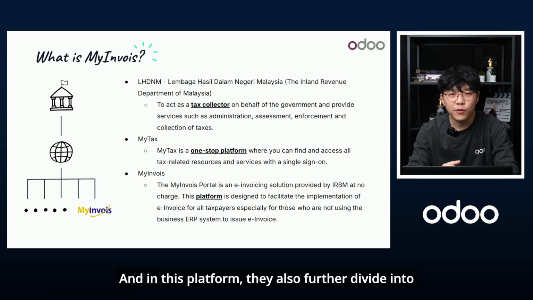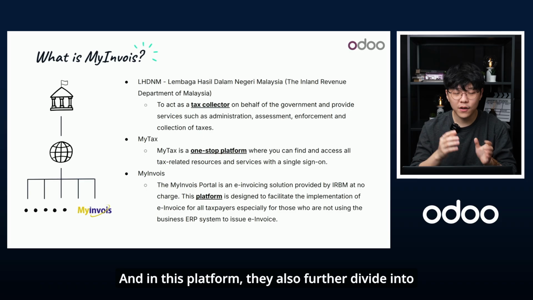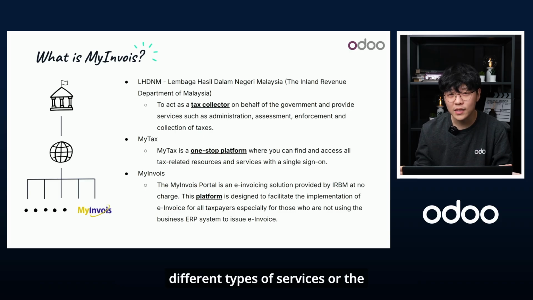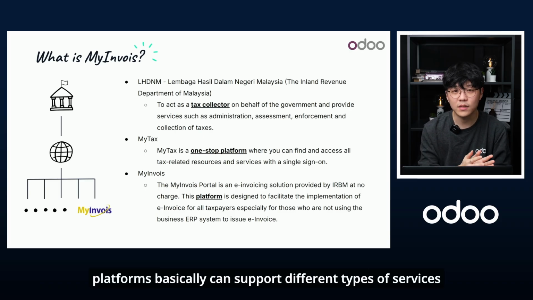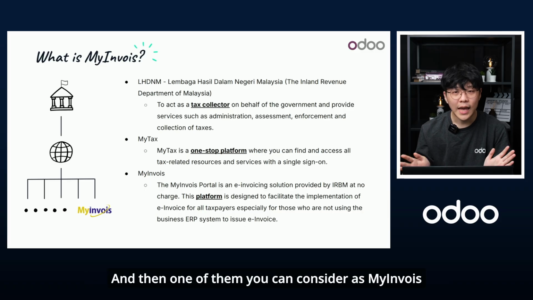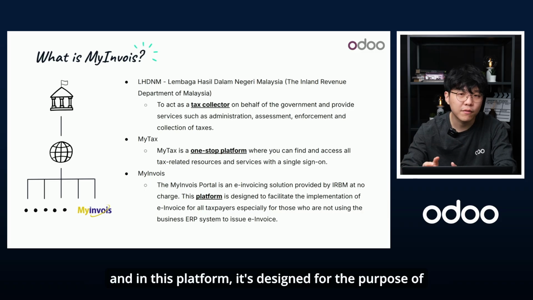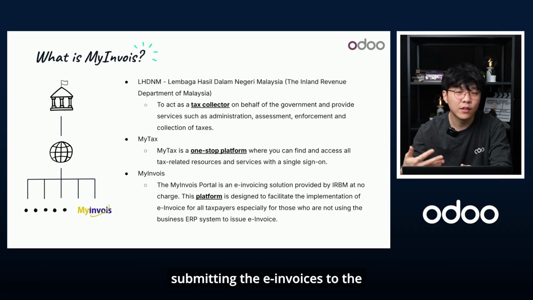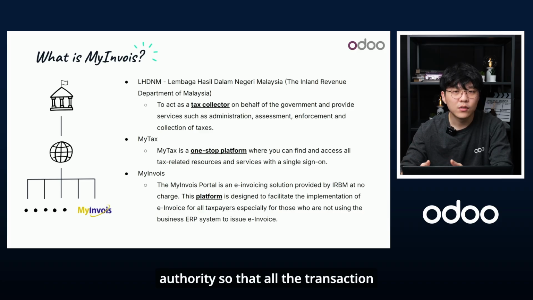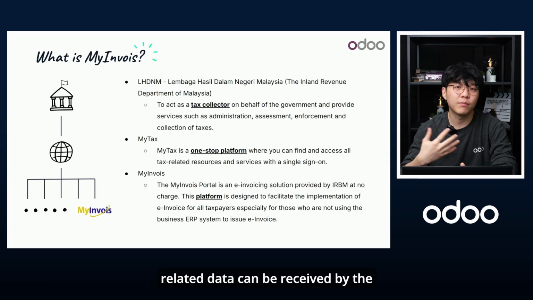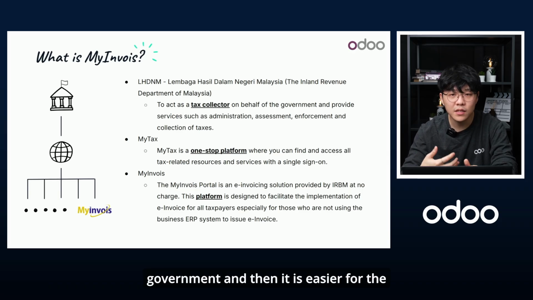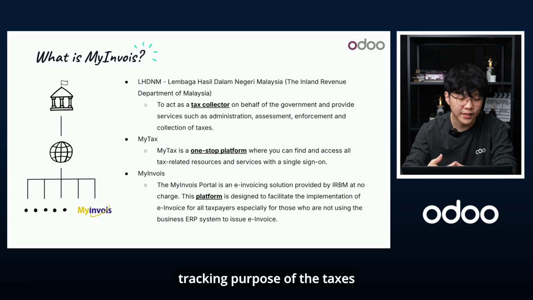In this platform, they further divide into different types of services, and one of them is MyInvoice. This platform is designed for the purpose of submitting the e-invoice to the authority so that all the transaction-related data can be received by the government, and it is easier for the tracking of taxes.